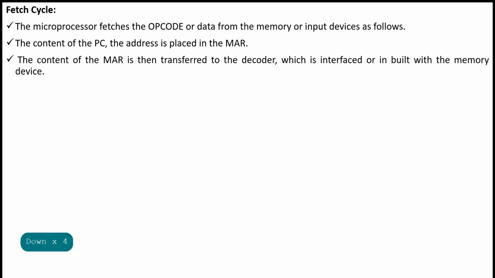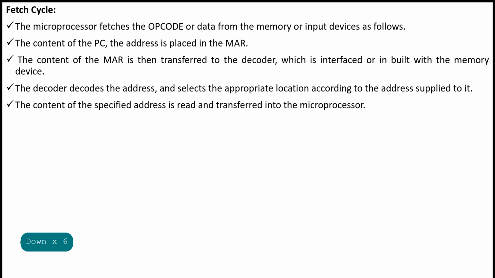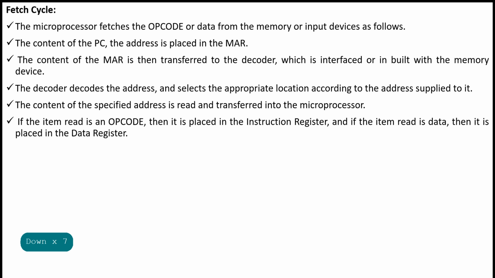The content of the MAR is then transferred to the decoder, which is interfaced or inbuilt with the memory device. Next, the decoder decodes the address and selects the appropriate location according to the address supplied to it. The content of the specified address is read and transferred into the microprocessor.